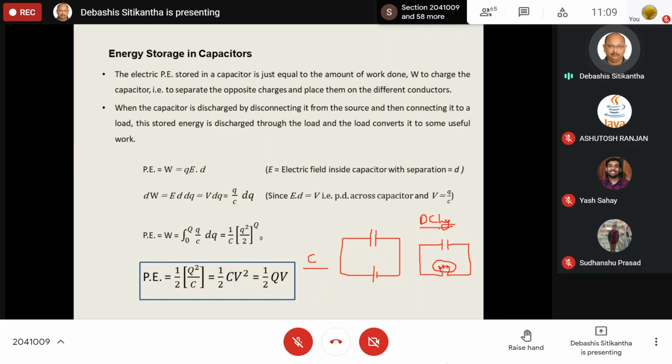Since some energy is stored in this capacitor, that energy is going to get discharged through this particular load, because you all know that the load is the one which is going to consume the energy to do some useful work.